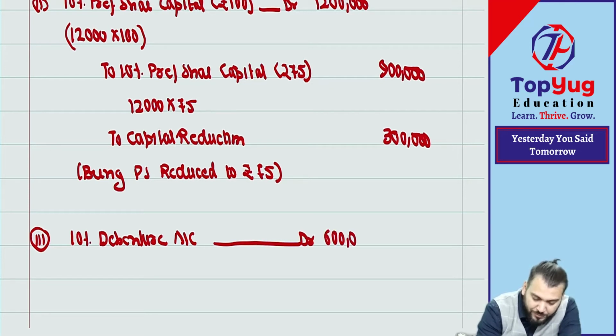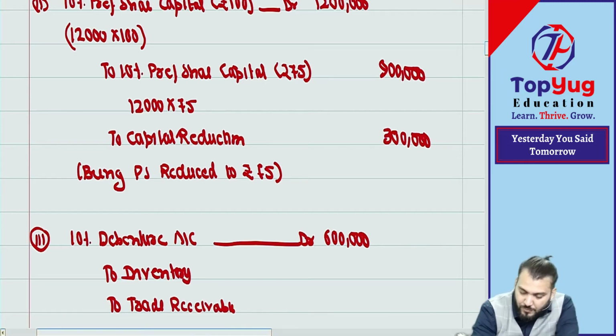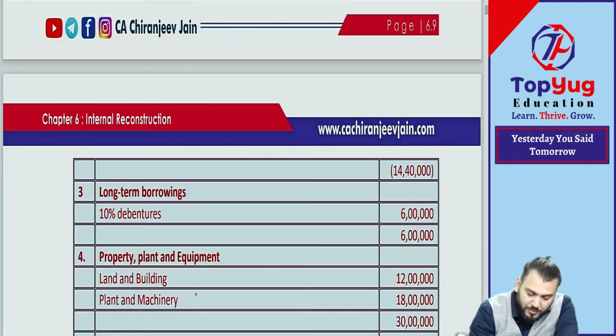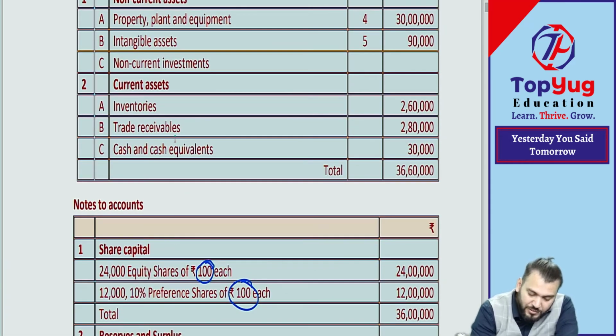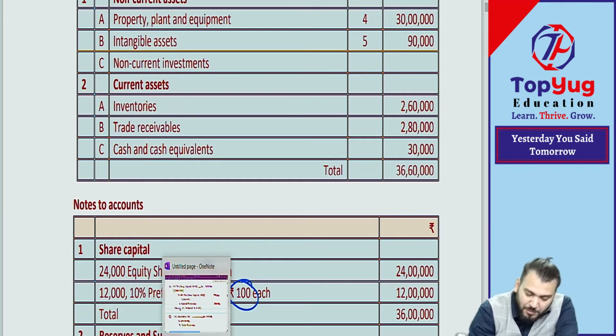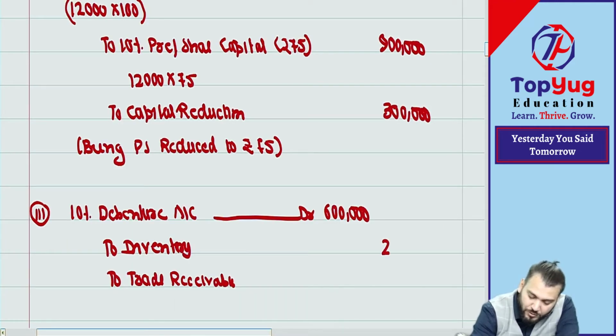To inventories 2 lakh 60 and to trade receivable 2 lakh 80.